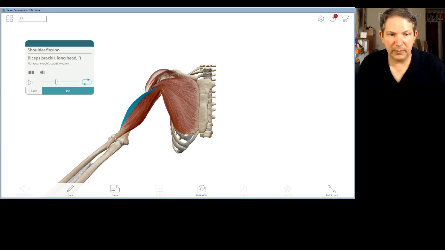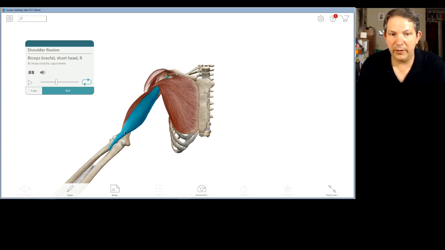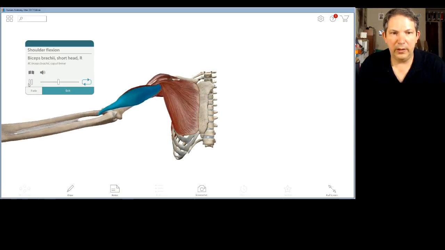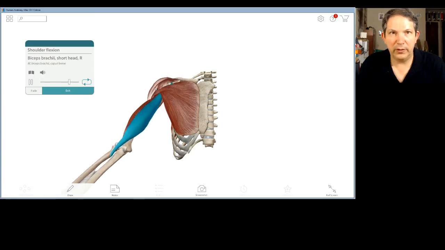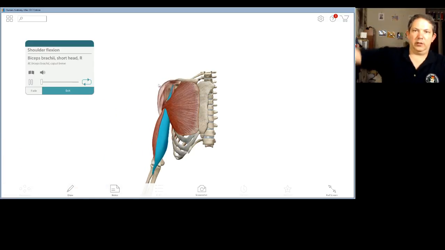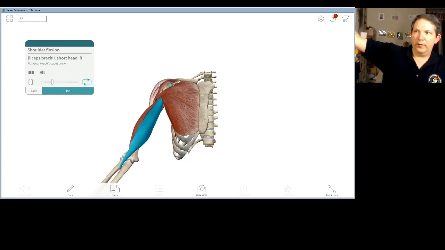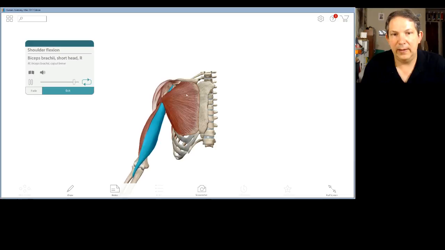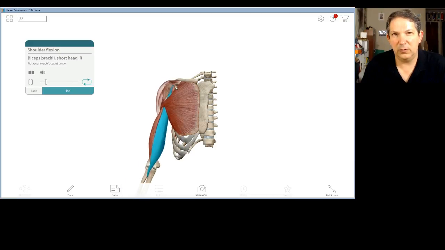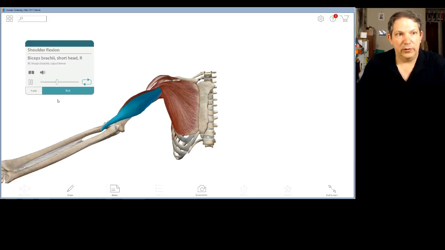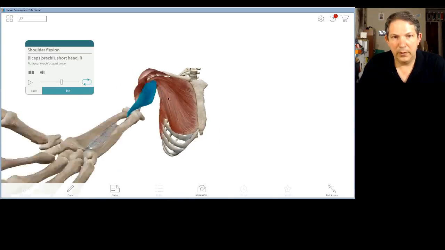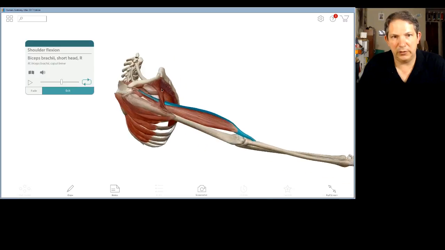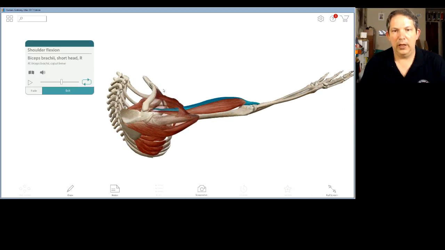For both of these, they come together and form a common tendon to there. So really, this is not the motion that you're going to associate with the biceps, right? You're going to associate the flexion of the elbow joint, not the extension of the shoulder. So, boy, that was a long way of saying that yes, it's involved in shoulder extension, but it's certainly not a main muscle that you would think of for shoulder extension.